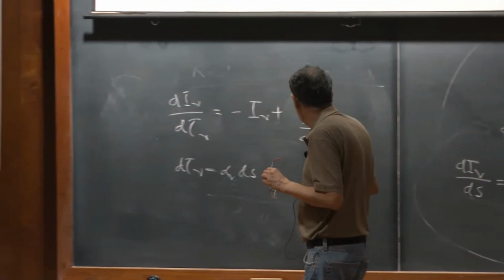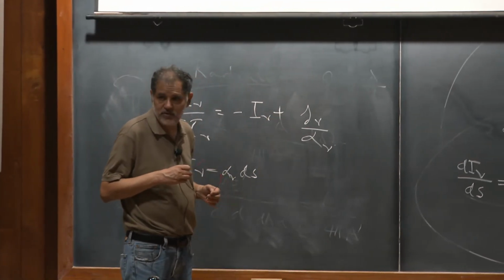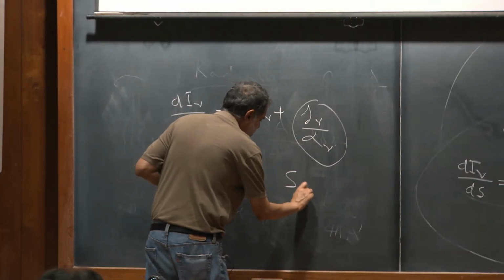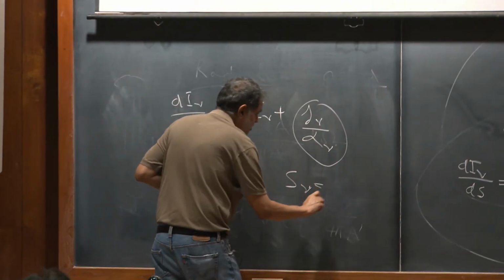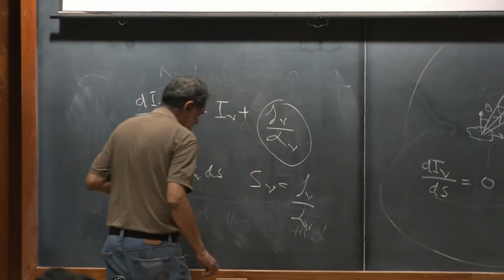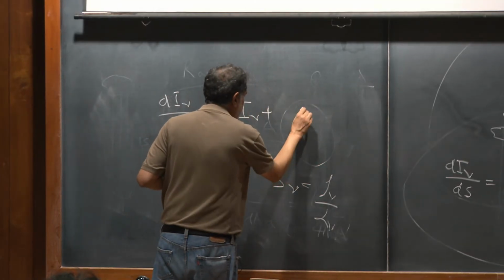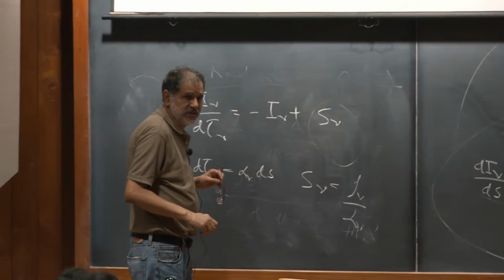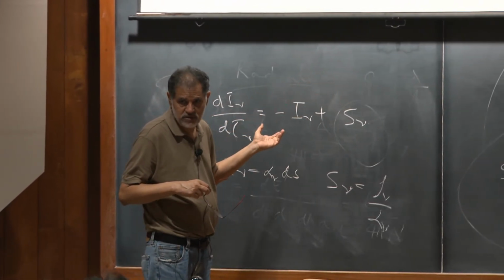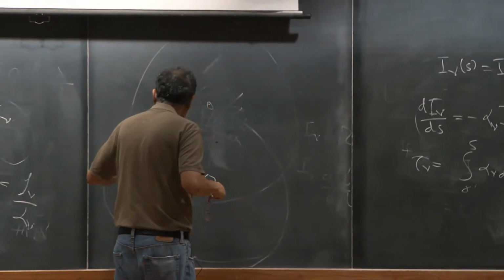So we can give a name to this quantity, and you will see it is useful to give it a name. This quantity is called the source function, and you will see why this name comes. Now it's a very simple first order differential equation, and I can solve it using these variables rather than those variables. I could have used whichever variables I wanted. I write down the solution.